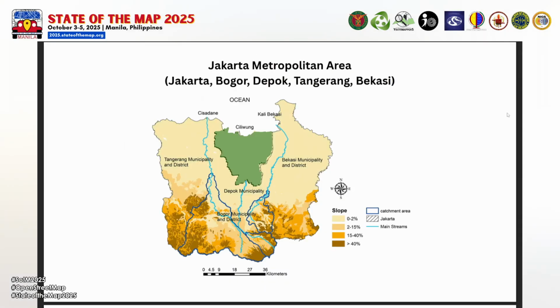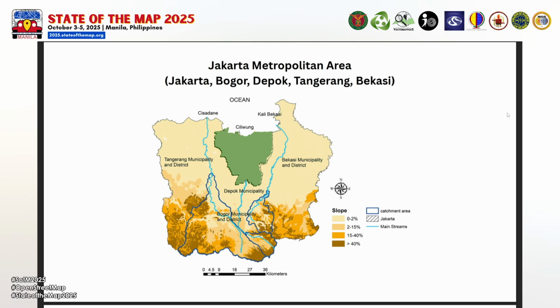First of all, look at this map. This is the map of the whole Jakarta metropolitan area. It consists of Jakarta as a special capital province here in the green color, and then the rest are different city administrations: Bogor, Depok, Tangerang, and Bekasi.